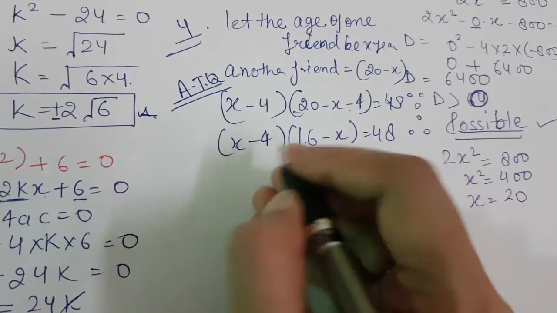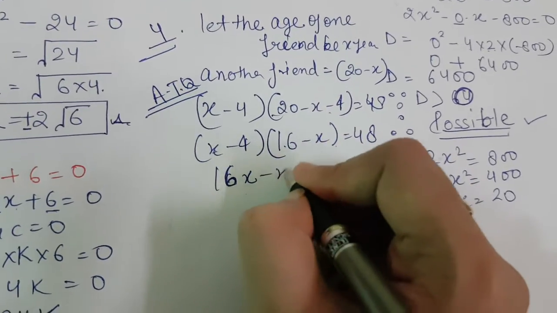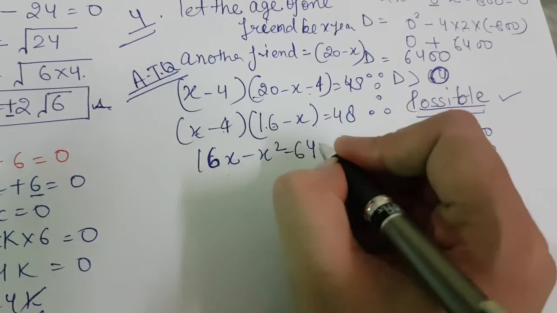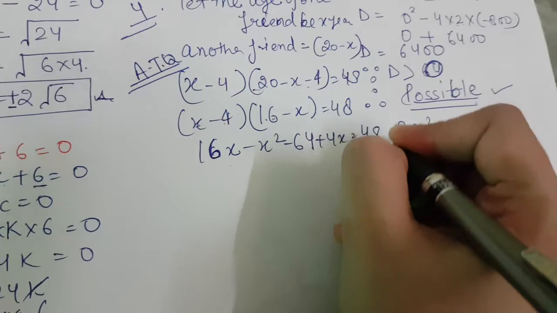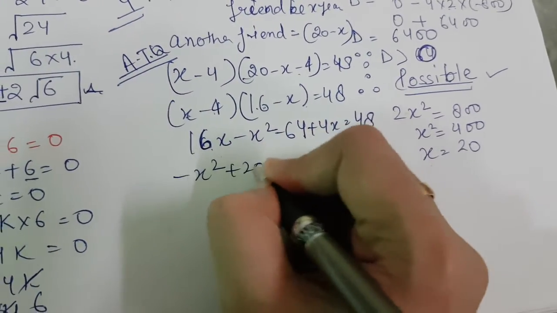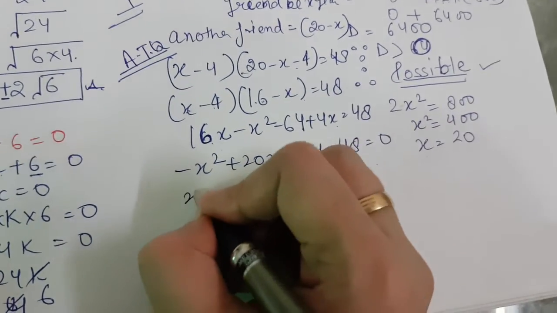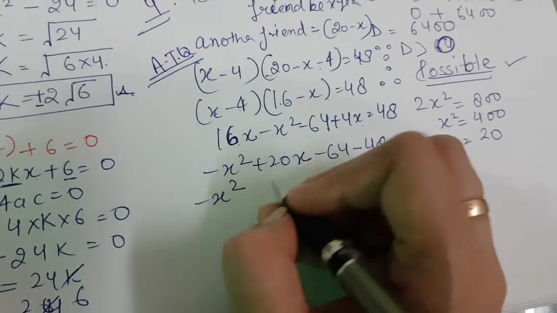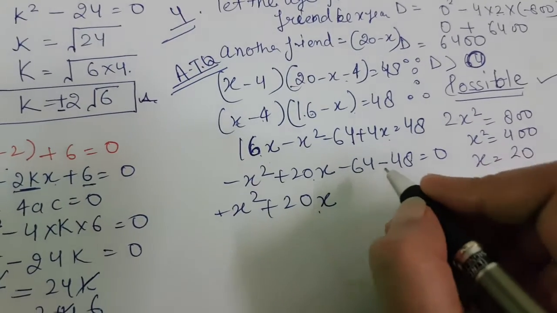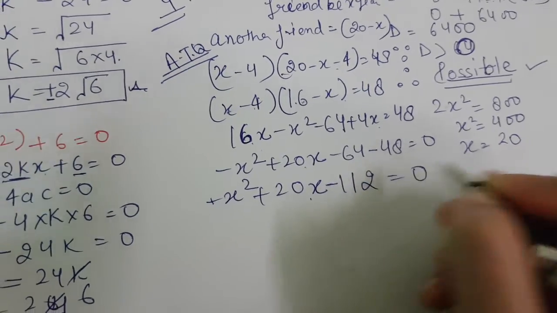Now multiply: 16x, then x into x minus x square, then 16 into 4 minus 64 plus 4x equal to 48. Minus x square plus 16x plus 4x is 20x, minus 64 minus 48 equal to 0. So minus x square plus 20x minus 112 equal to 0.